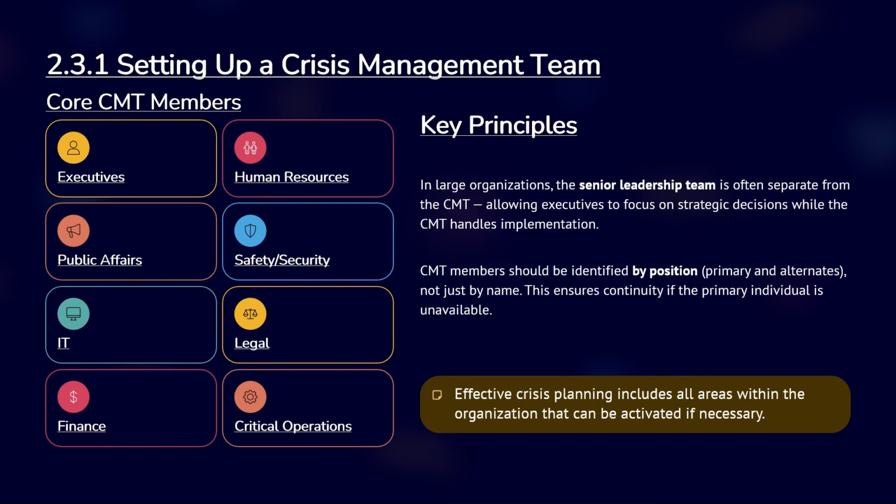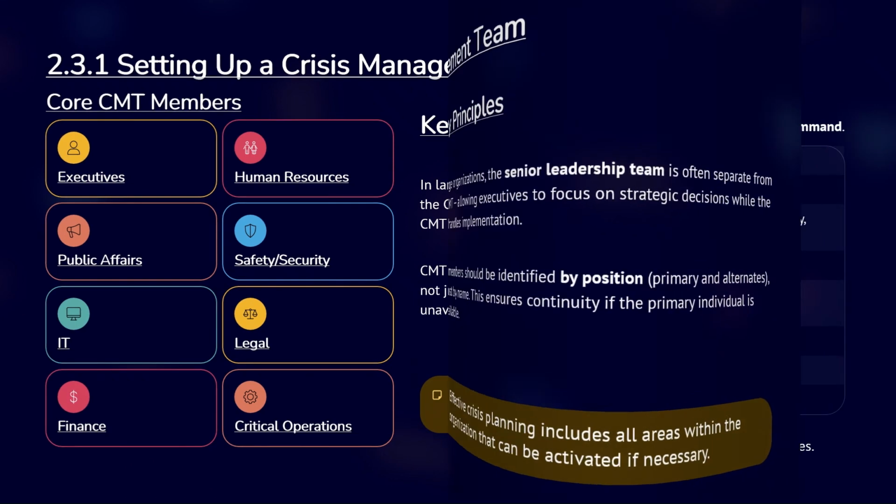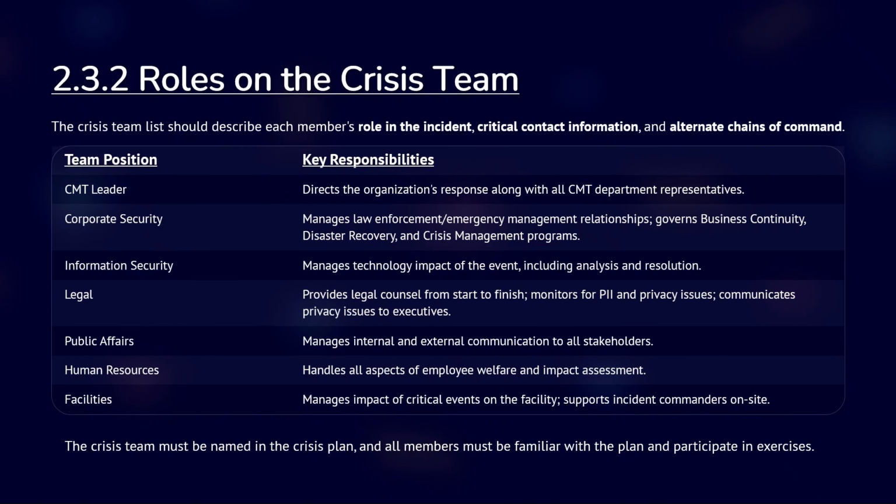CMT members should be limited to those directly responsible for primary functions to avoid confusion and delays. Effective crisis planning also ensures that all areas of the organization can be activated when required, creating a coordinated and enterprise-wide response capability.